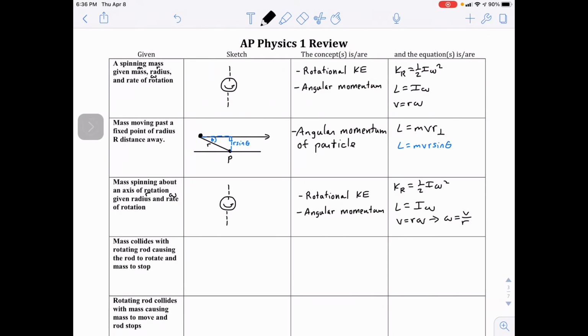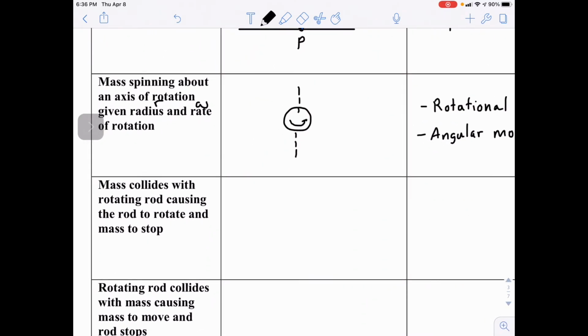Now we get into some more applications involving collision. Let's say a mass collides with a rotating rod. Let's draw the rotating rod. I'm going to draw a before and after sketch. Anytime there's a collision, always draw a before and after sketch. Before, you've got your rod that can rotate about the end right here, and it's not moving, so the initial omega is 0. You have a mass that's moving and about to collide.